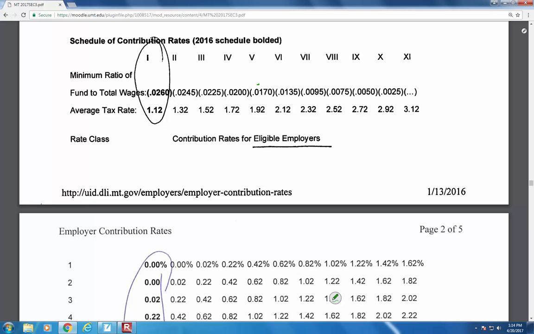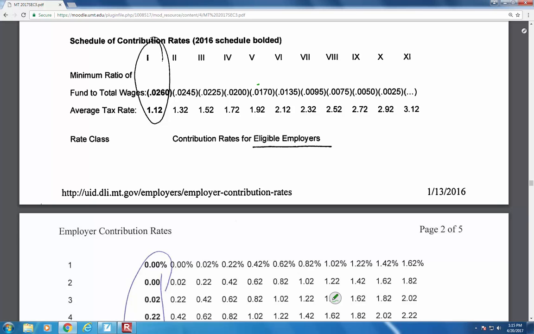In other words, how flush are we, or how dodgy are things looking, right? And then based on that ratio, there's one schedule posted, 1 through 11, and everybody falls somewhere on that schedule. Each employer does. And based on that schedule that's posted that year, and your individual company, that's how your SUTA rate is determined.